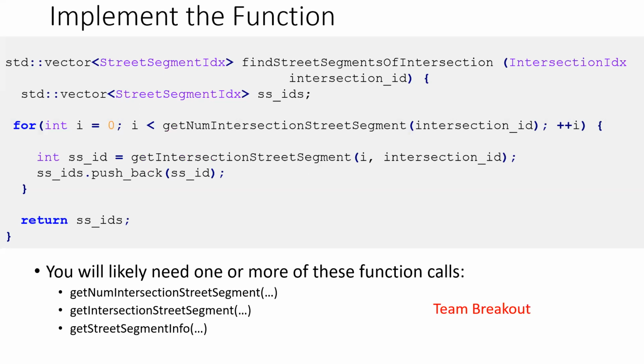So this is the most naive implementation for this function. You're getting the number of intersection street segments from the intersection and looping from 0 to the number minus 1. In your loop, you get the street segment index using get intersection street segment and push them back into the vector to be returned.